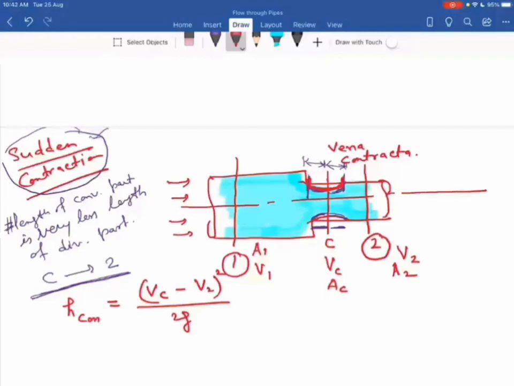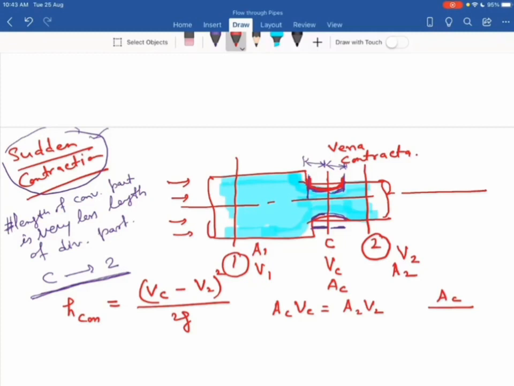Okay. So further I put here the value of VC. So I use the relation AC VC is equal to A2 V2. Now I have one more relation, that is AC, the area of cross section at vena contracta, divided by the area of opening, that is A2.